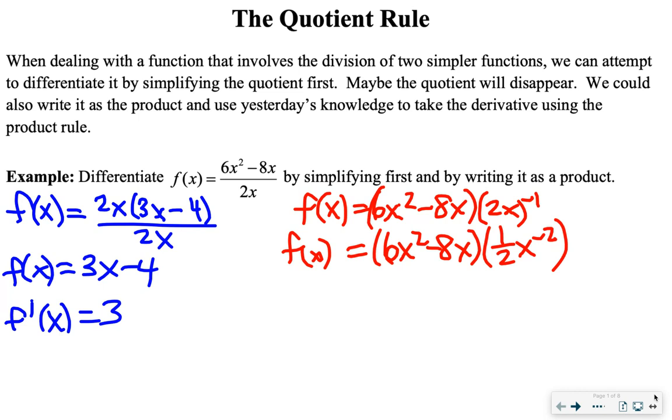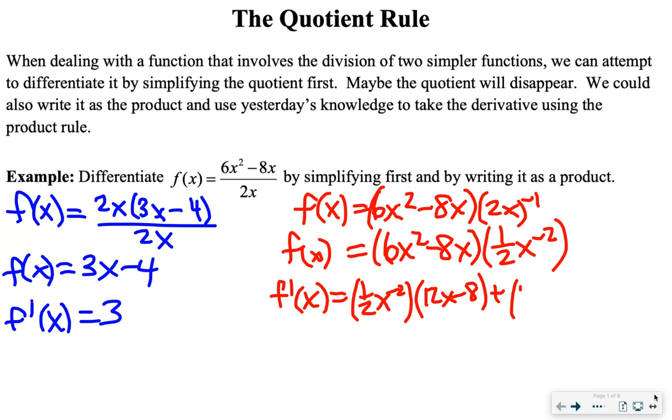Right, and now I can take my product rule from yesterday to this. So my derivative is second times the derivative of the first plus first d second, negative.